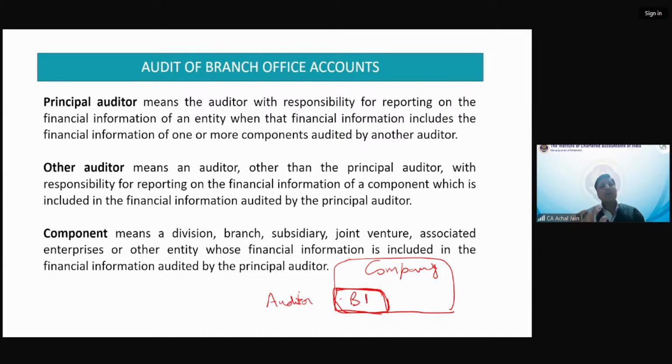And let's suppose in this company, there are three branches: branch 1, branch 2, branch 3. And we may say there are three auditors: auditor 1, auditor 2, auditor 3.